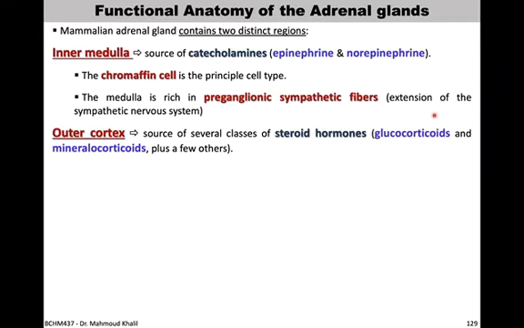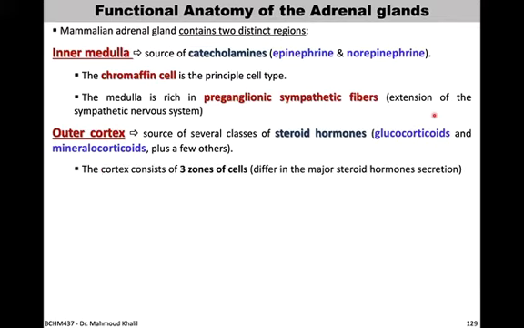The outer cortex is the source of another class of hormones, the steroid hormones: the glucocorticoids and mineralocorticoids, plus a few others. The cortex, as we said, consists of three different zones, which differ majorly in the type of hormone they secrete.